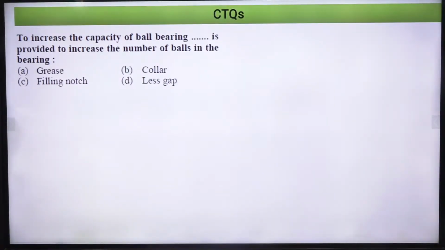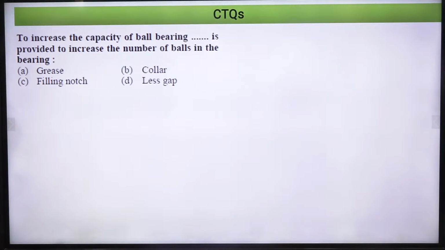Go to this particular question now. See what it says. You are having to increase the capacity of a ball bearing. Dash is provided to increase the number of balls in the bearing.